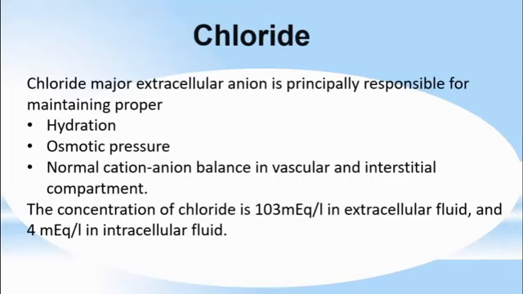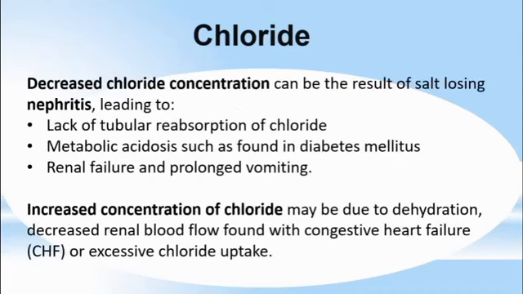Chloride is also a major extracellular anion, principally responsible for maintaining proper hydration, osmotic pressure, and normal cation-anion balance in vascular and intestinal compartments. The concentration of chloride is around 103 milliequivalent per liter in extracellular fluid and 4 milliequivalent per liter in intracellular fluid.